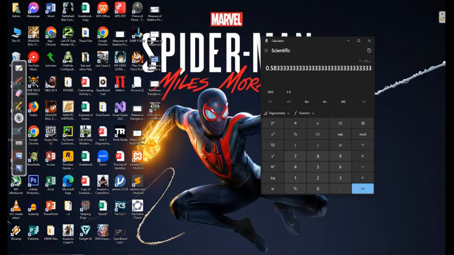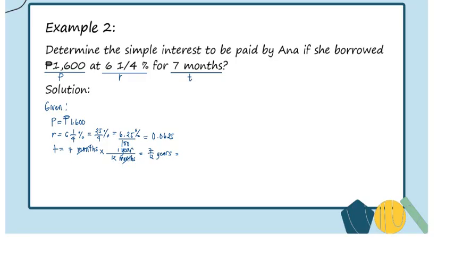But for this case, we could try to use up until 4 decimal places. We could have 0.5833 years. Yan. So, are we good now with our SI units for our R and T? So, yung R natin is already expressed in decimal form, and then our time now is expressed in years.